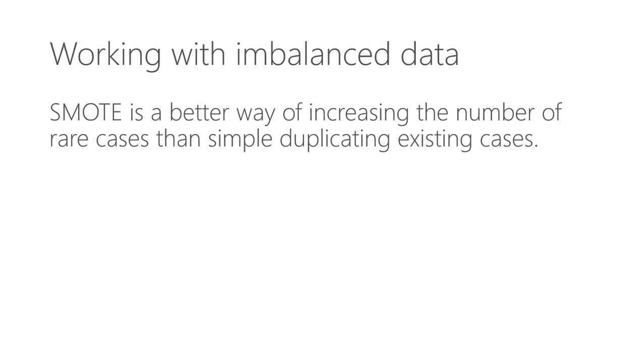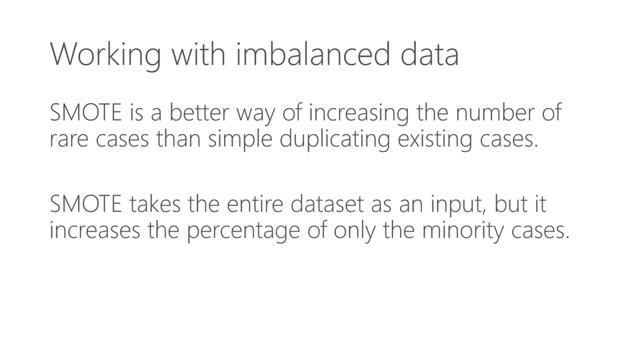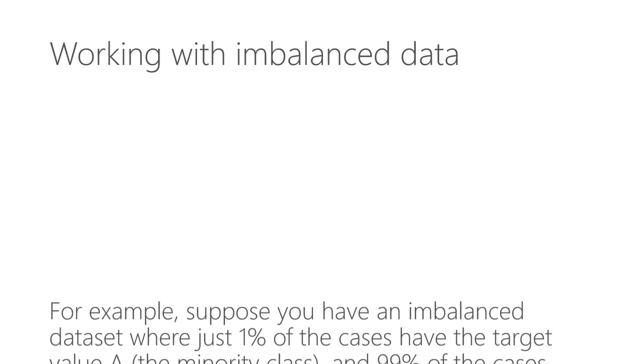SMOTE is a better way of increasing the number of rare cases than simply duplicating existing cases. SMOTE takes the entire dataset as input, but it increases the percentage of only minority cases.